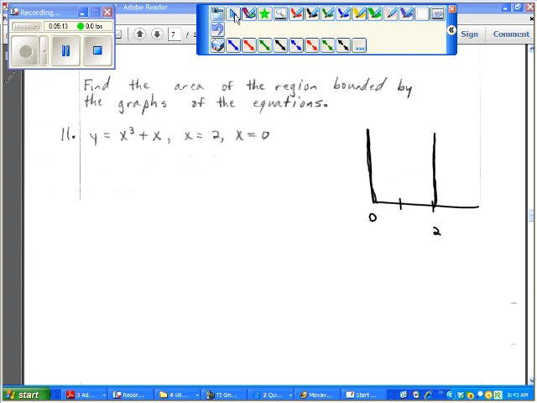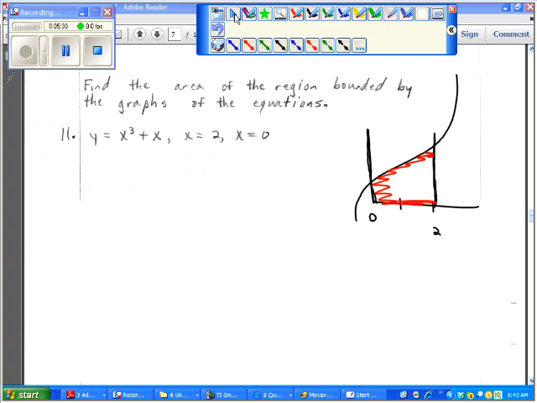Now, an x cubed plus x, it's going to be some type of curve like that, right? We know that an x cubed looks like that. We have the assumption that it's something like that. And we'll graph this in a minute to maybe verify our thoughts.